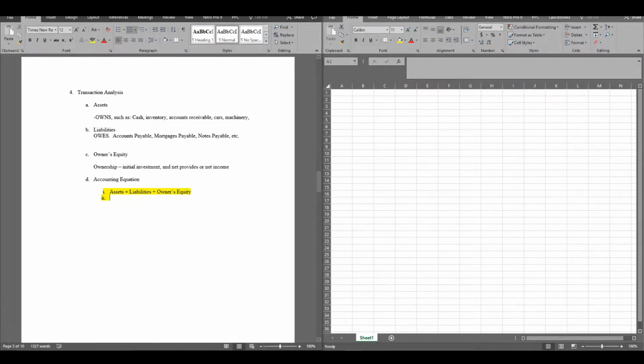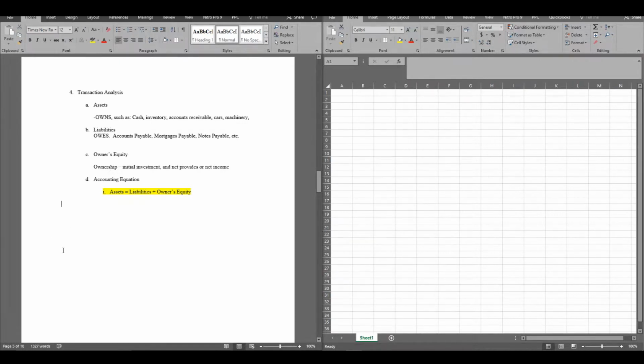So we utilize the accounting equation much like any other equation in math, in that an accounting entry has to keep this equation in balance. So if we add to the assets, we need to add to this side, or we need to subtract equally from the assets side in order to keep the equation in balance. So what does that mean? Okay, so assets.